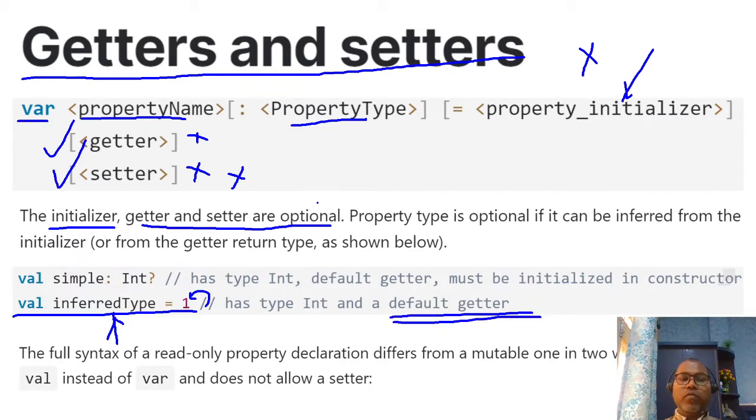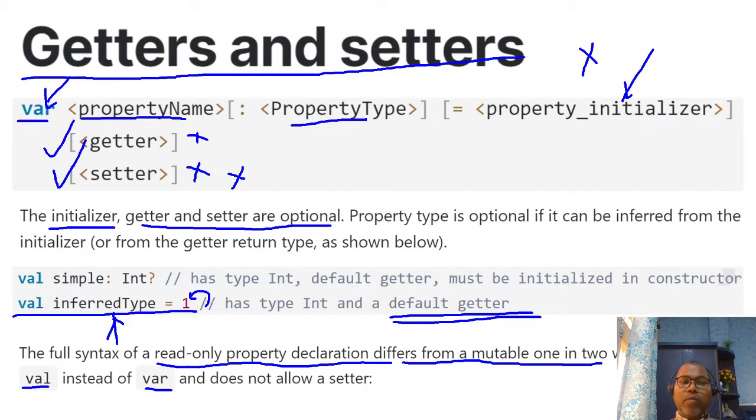If you want the var keyword, then you have the option to declare both setter and getter. So be clear: a read-only property differs from a mutable one, due to the val keyword and var keyword.